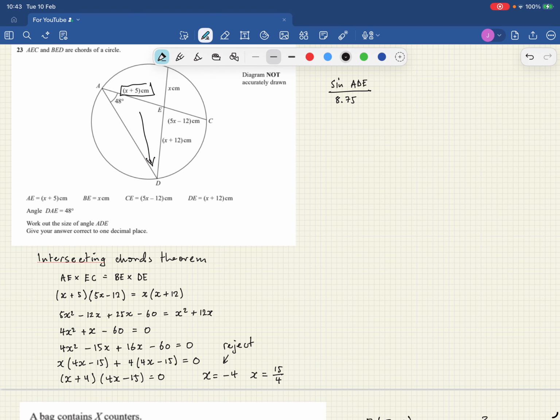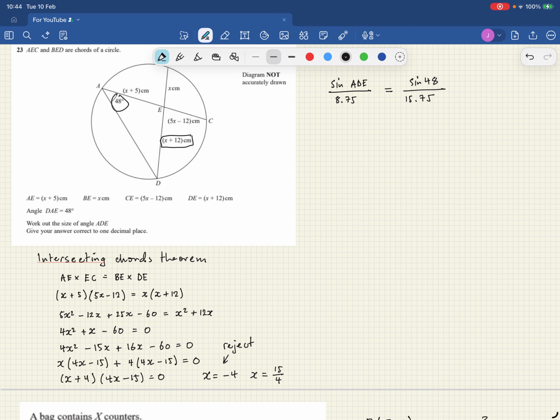So I've got that, and that must be equal to the sine of this angle over this value. So that's equal to the sine of 48 over 3.75 plus 12, which is 15.75.